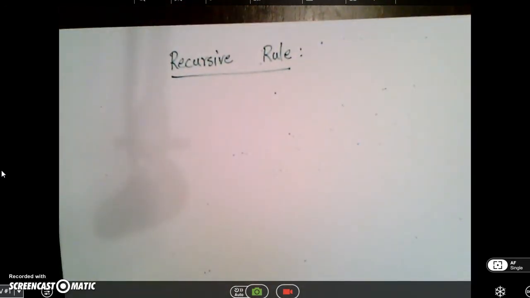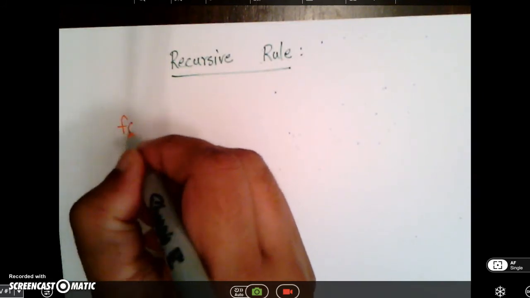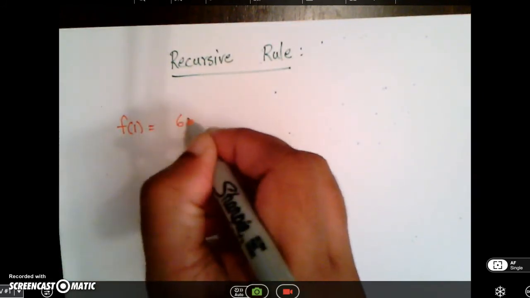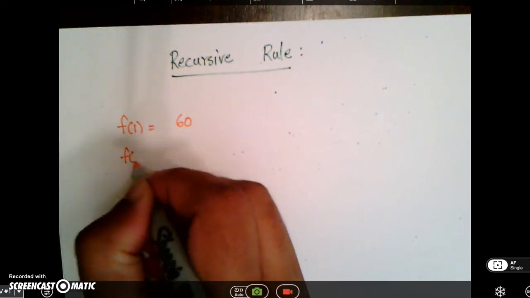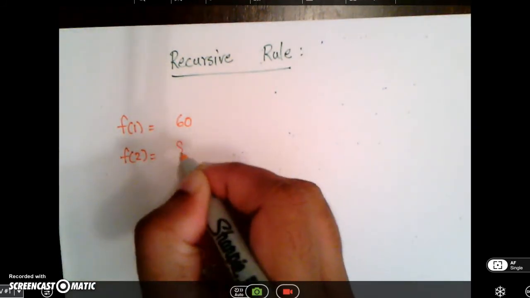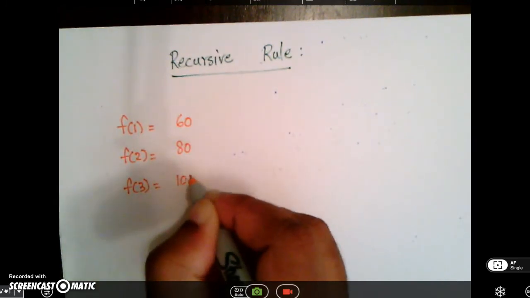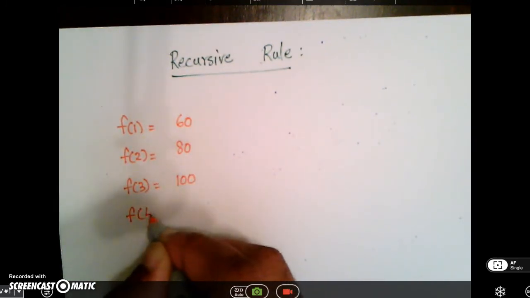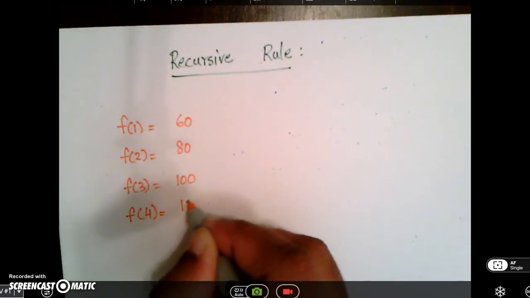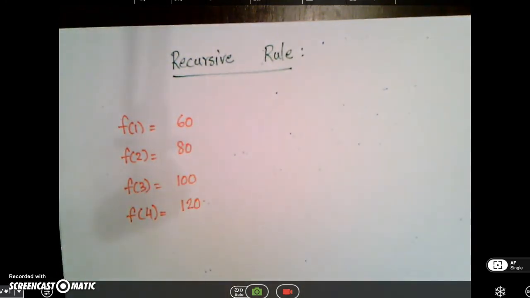for my arithmetic sequence. Again, recursive rule, it relates your f of n with one or more of your previous terms. So let's take a look at our sequence again. My f of 1 was 60, f of 2 was 80, f of 3 100, f of 4 was 120.